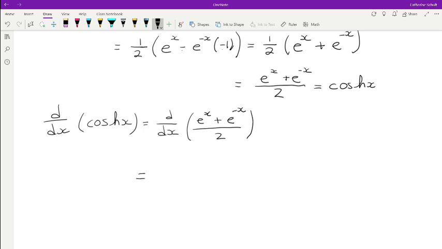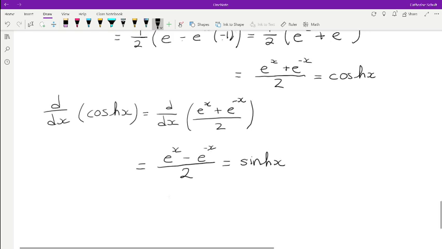And then if you take that derivative, the derivative of e to the x is e to the x. The derivative of this is going to be e to the negative x still, and then the derivative of negative x is negative 1. And that's exactly what the hyperbolic sine is.